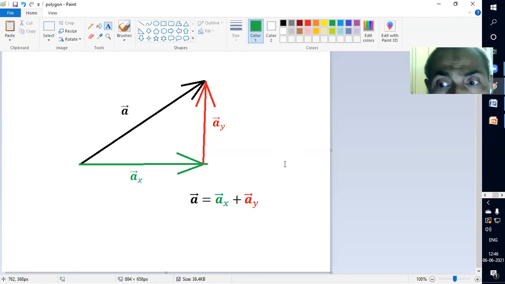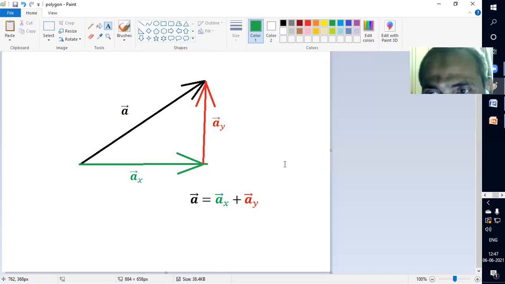So this equation says that vector A, or any vector which is in diagonal direction, may be split into two parts, and here the two parts are perpendicular to one another. So one part is called the component, because the green colored component is in horizontal direction, that you say is the horizontal component.